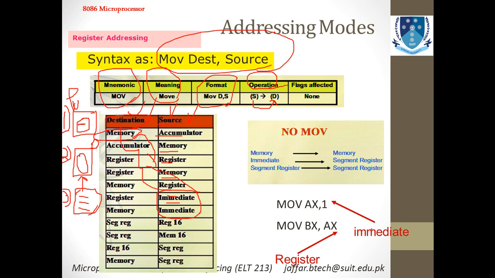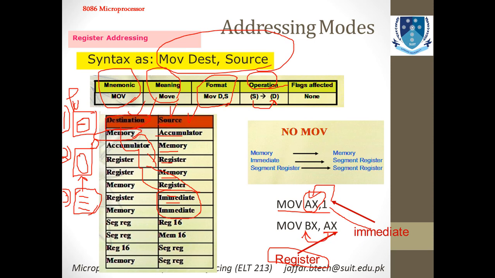And you can see that this is immediate data: the source is immediate, and the data is directly, or you can say immediately, directed towards this register, that is AX. And you can see that this is the source, which is a register. You are carrying the data that is stored in register AX and shifting it into BX.